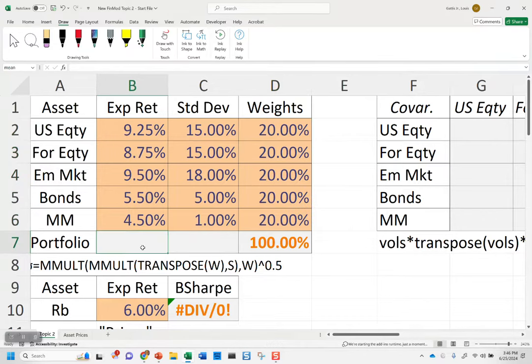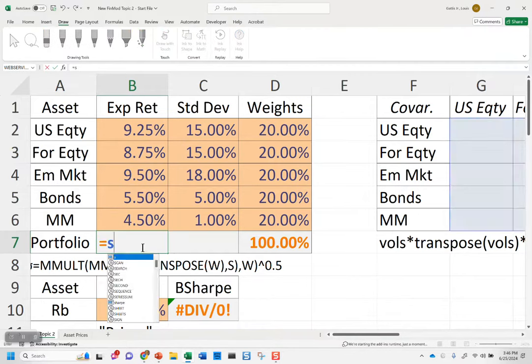So to calculate portfolio return of these 5 assets, I could do it the hard way and say equals this return times this weight plus this return times this weight. And I could just take the sum of all the products. But sum product does that for us in one step. Equals sum product.